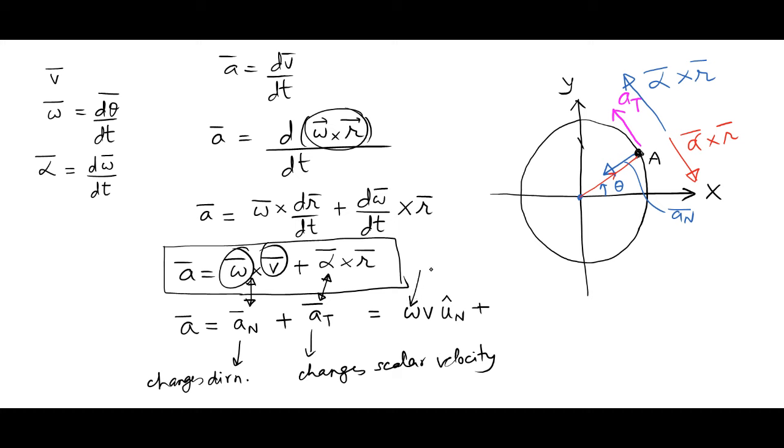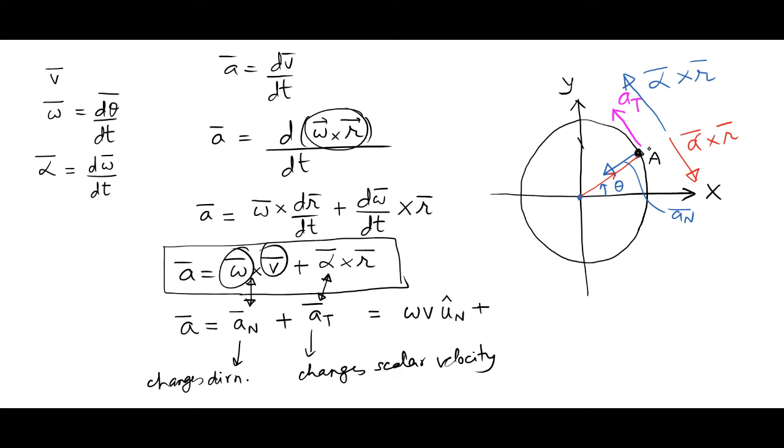I'm trying to view these omega and v things as scalar components. You could view them as magnitudes, but you can also view them as scalar velocities, be it angular or linear. Now you could do that provided that you are consistent in the allotment of directions.